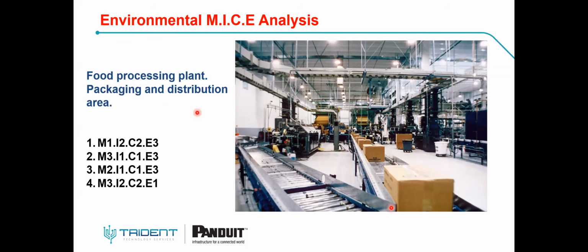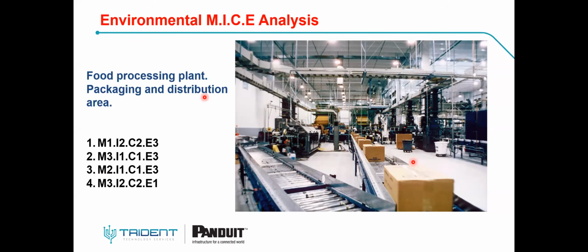So the first one, you need to choose M3 for the mechanical. For the ingress and the chemical climatic, this area is for food processing, so there is no mechanical contact, and you don't have any temperature variations inside this area, because it is a food processing area. So you can choose I1 and C1.